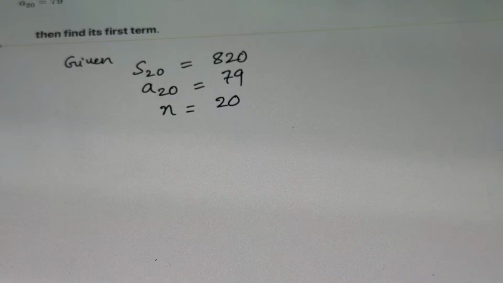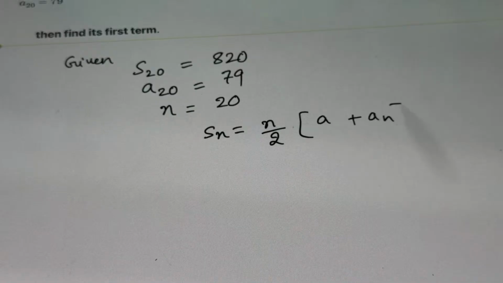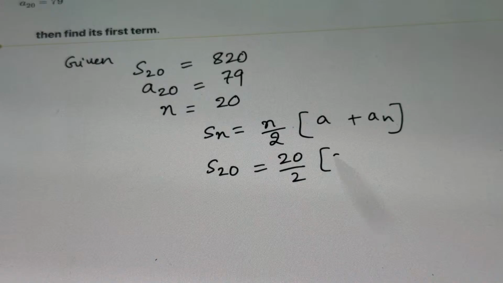To solve this problem, we need to use the formula Sn is equal to n by 2 into bracket a plus an. So S20 is equal to, in place of n we have to substitute 20 by 2 into a plus a20.